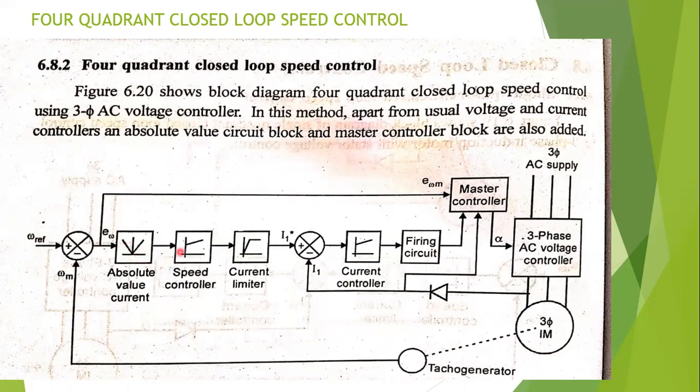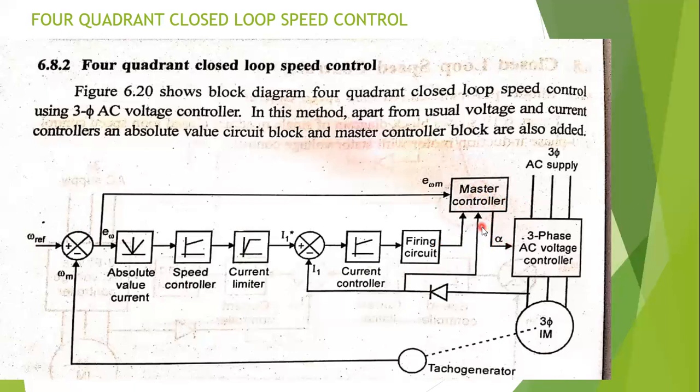Understood? And the master controller has three inputs. This is called the master controller, and it has three inputs. From here is one input, from the firing circuit is another input, and the current sensing unit is the third. So the master controller has three input signals and one output signal, that is called the firing angle.